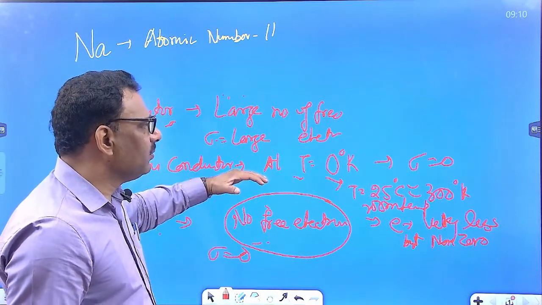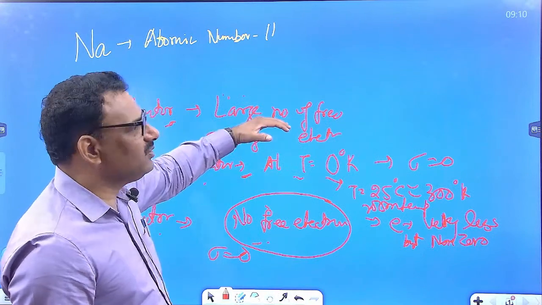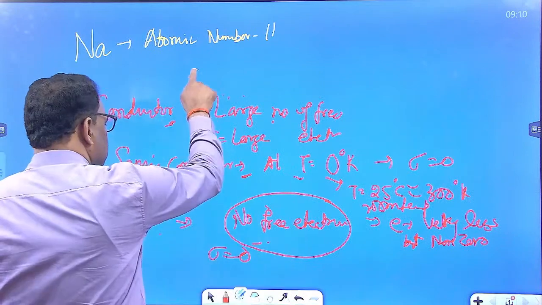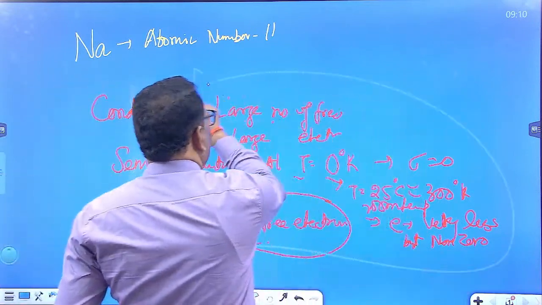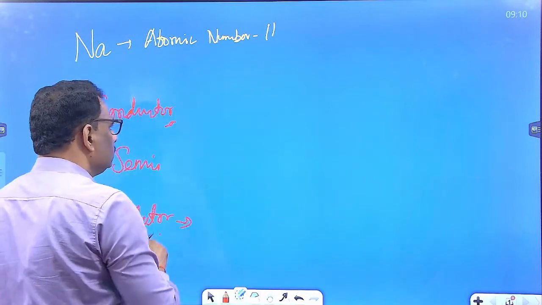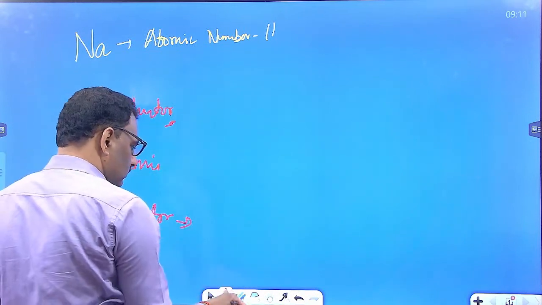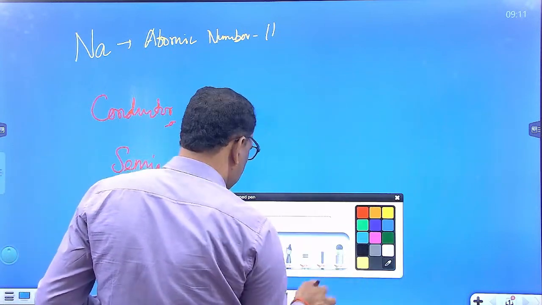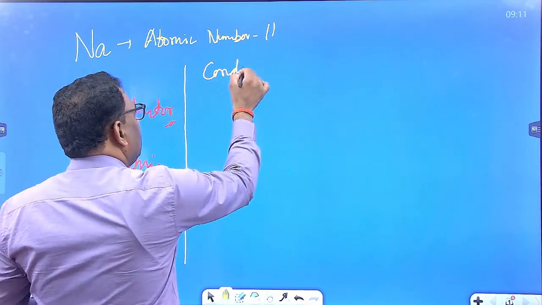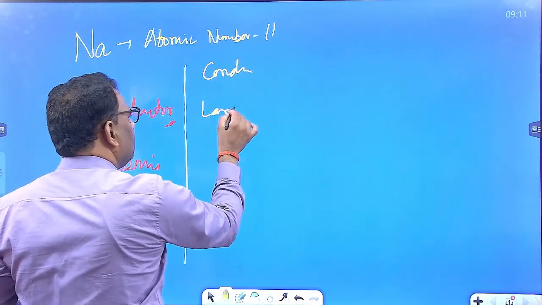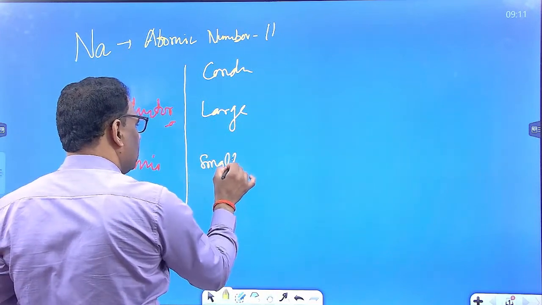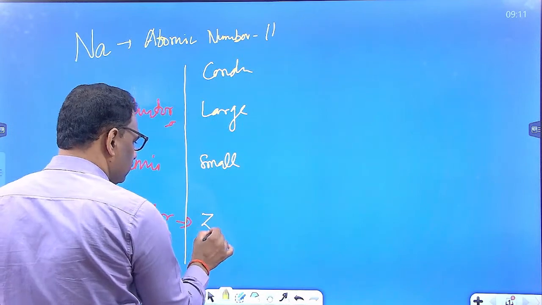So the first thing is conductivity: very large for the conductor, small for the semiconductor, and 0 for the insulator.